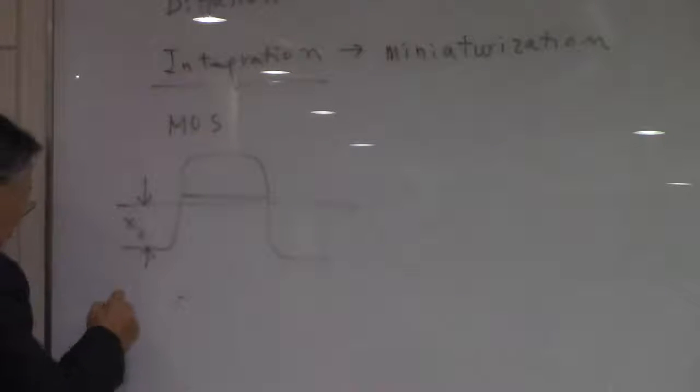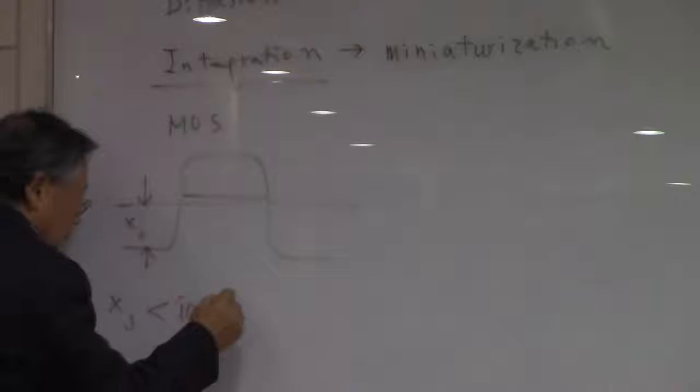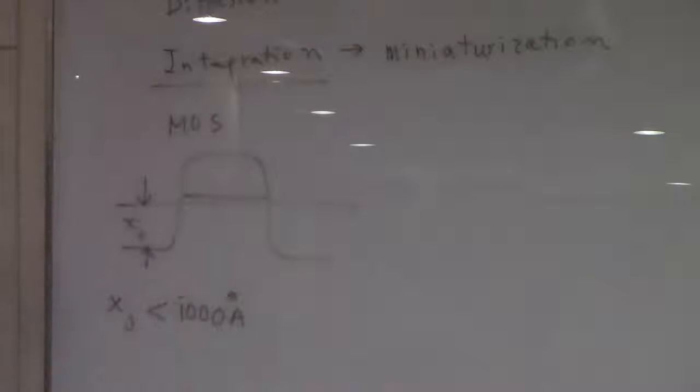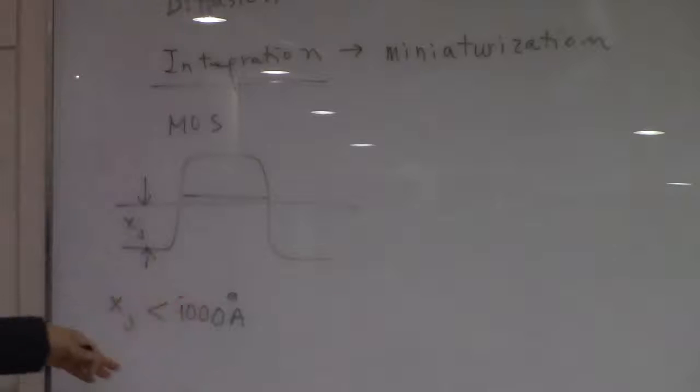And this junction depth should be less than 1,000 angstrom. So the diffusion of dopant in the silicon has to be precisely predicted and controlled to make the sub-micron transistors for the ULSI, right? So we have to talk about the diffusion.